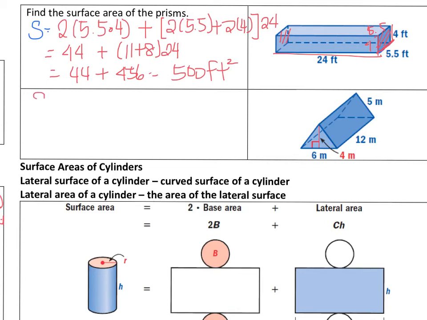So the surface area should be calculated as twice the base, so 2 times half times the base is 6, the height is 4.